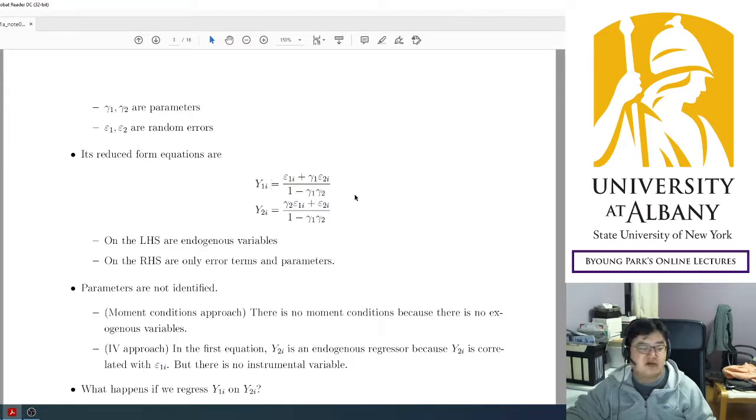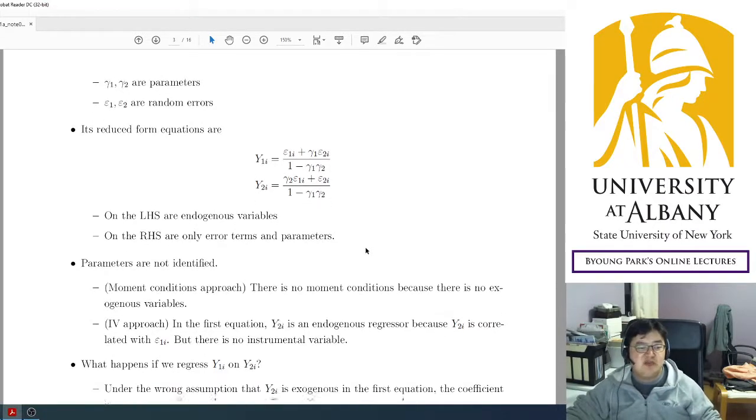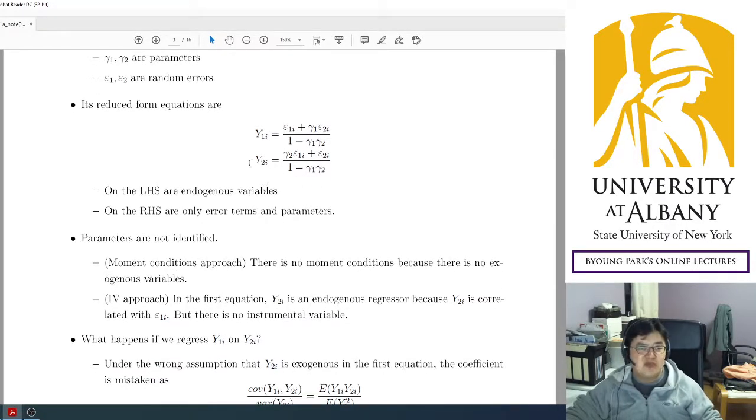That's the end of the story here. We cannot identify model number 1. So it does not work. There is no variable, and from these reduced form equations you have to tell that it cannot be identified. Everything is just error. So the equilibrium is simply noise and does not give us any information.